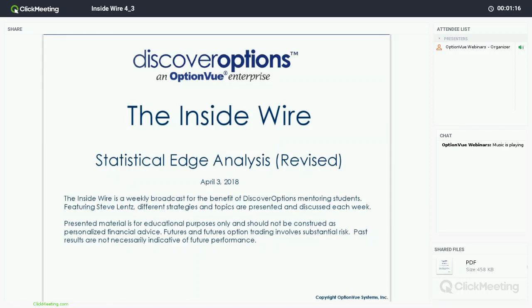So folks, I've been thinking about this for quite a while now, and it's just been one of those projects that kind of gnaws at you a little bit that you have to get around to doing. A few years ago, I had this engine built in Metastock called Statistical Edge Analysis.